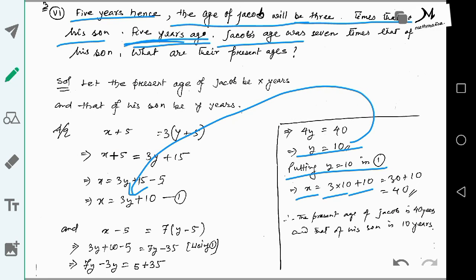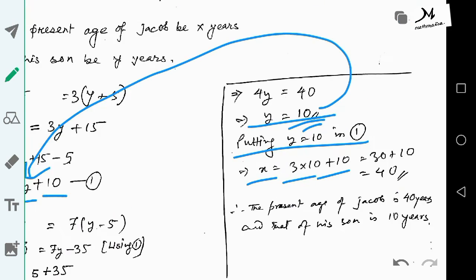Here you see x is equal to thrice y plus 10. As y is equal to 10, it becomes 3 into 10 plus 10. 3 tens are 30, 30 plus 10, that's 40.